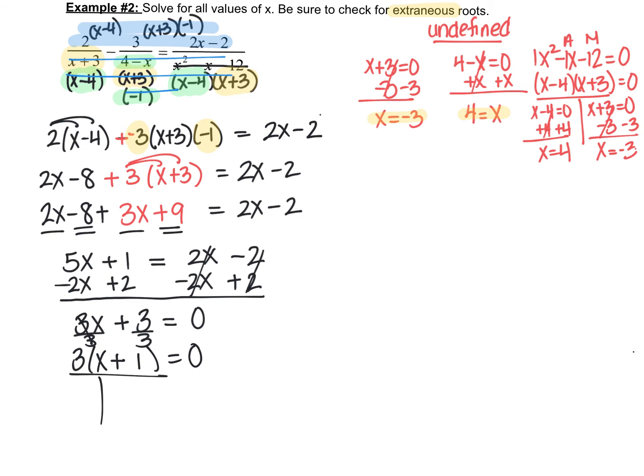And you're going to do a t-chart. So 3 equals 0 doesn't make any sense. And x plus 1, I can subtract 1 on both sides and get x equals negative 1. Which, in fact, since negative 1 was neither of these two, I get to keep it. So if you want to write that down, you can.